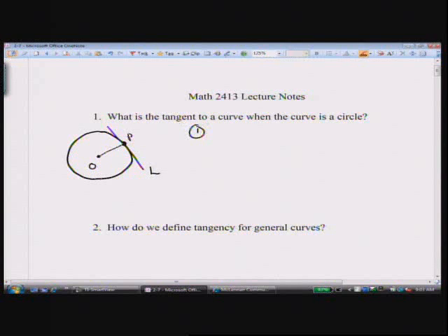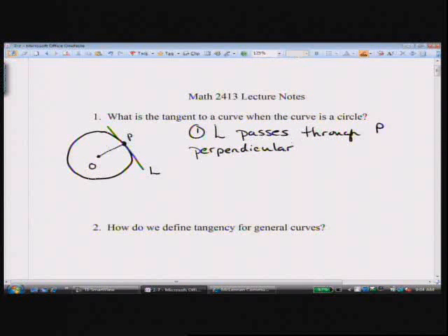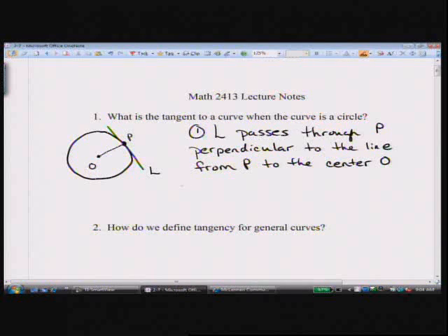So we do know that the line L passes through P perpendicular to the line from P to the center O. We know that the tangent line intersects the circle at one point.